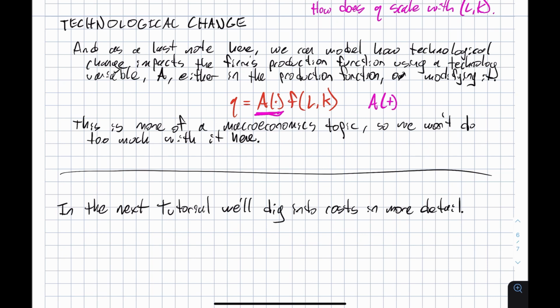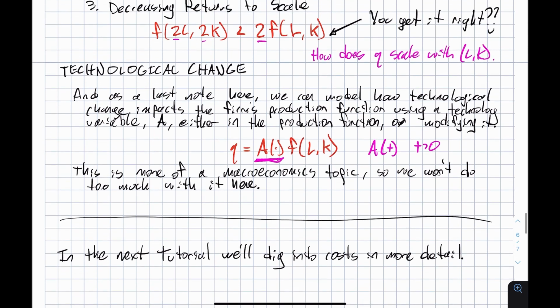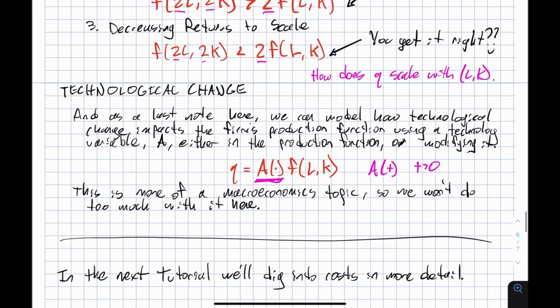So we can vary time, increasing from 0. And when A increases, then our output per input also increases. So all we're doing here is increasing our capacity to produce, increasing our technological abilities and our efficiency for our inputs.